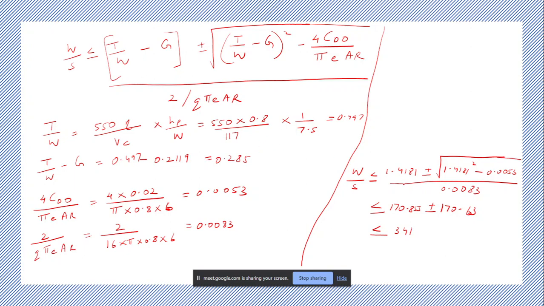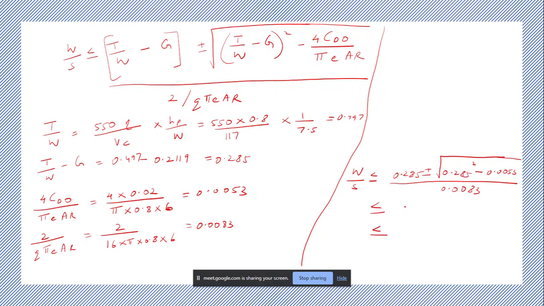Okay, let me substitute those values here, 0.285.